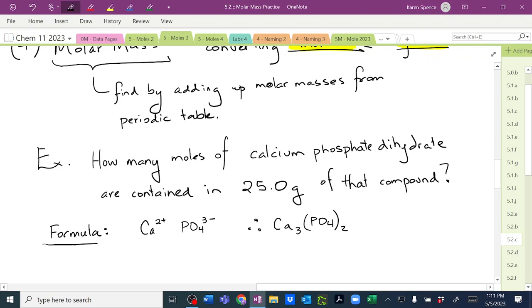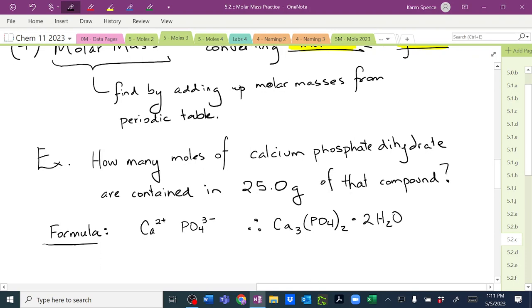Is good. Ca3(PO4)2. And then I need to add on the hydrate. What do I add on? 2H, small 2, big O. Okay, so there is our formula.